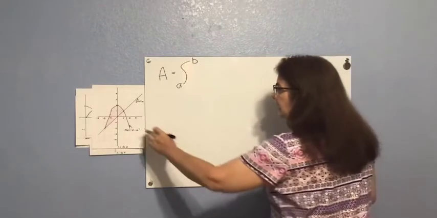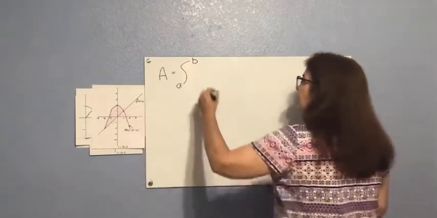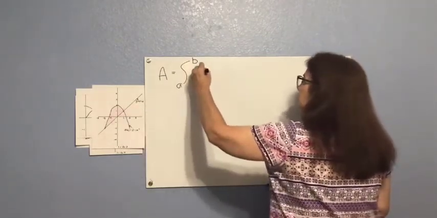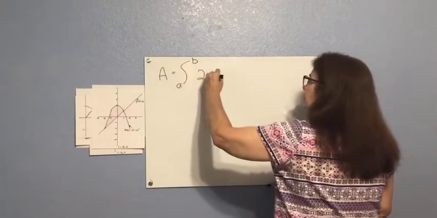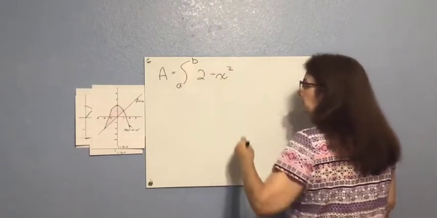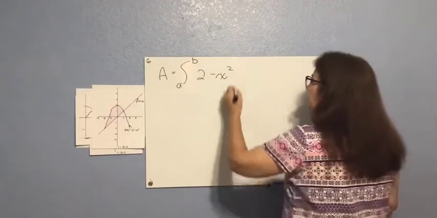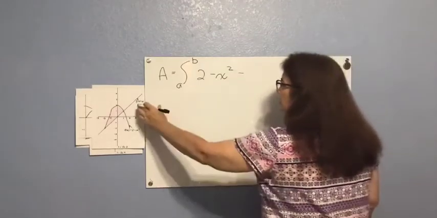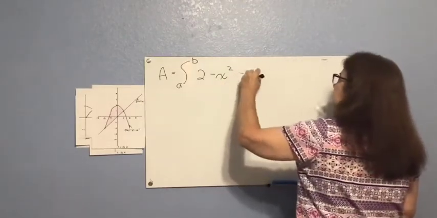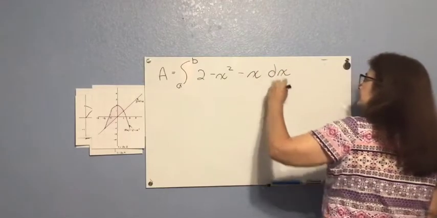So since f of x is on the top, we'll put that first. 2 minus x squared minus the g of x, which is just x, dx.